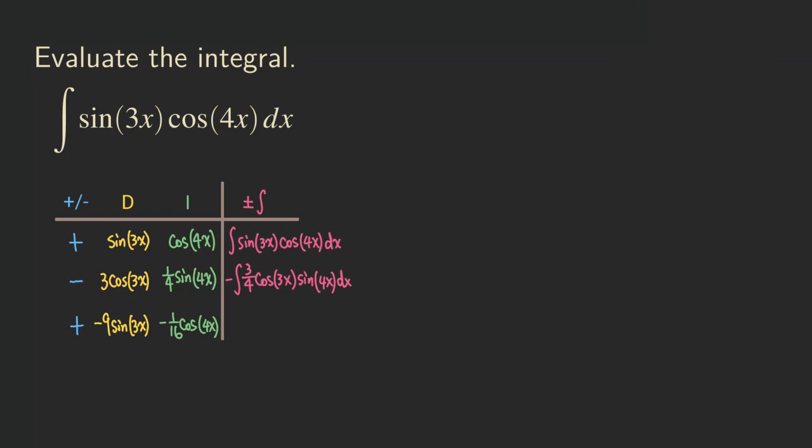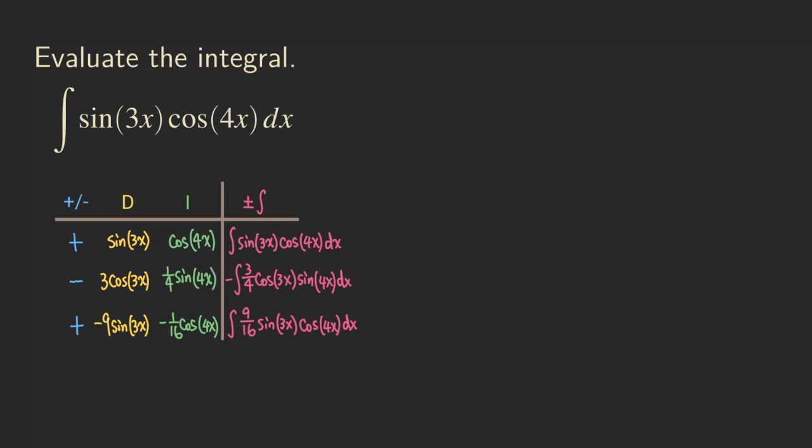Okay, so now if we put all this together, if we multiply all this together, positive 1 times negative 9 times negative 1/16, we are going to be getting a positive integral here, which is the integral of 9/16 sine of 3x cosine of 4x dx.